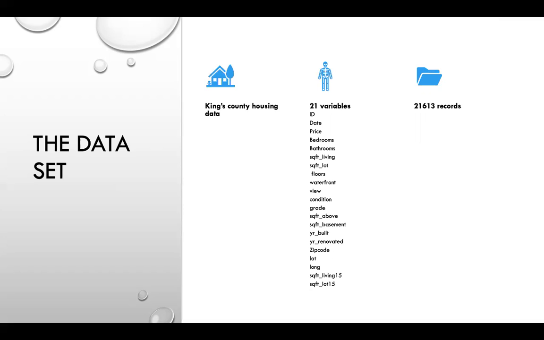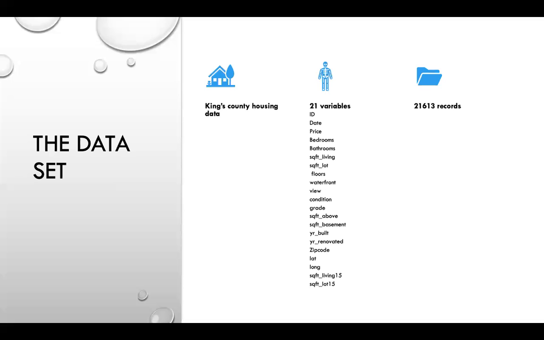Square feet living is the square footage of the interior living space. Square foot lot is the total square footage of the lot. Floors is the number of floors. Waterfront is a dummy variable which tells whether the apartment was overlooking the waterfront or not.